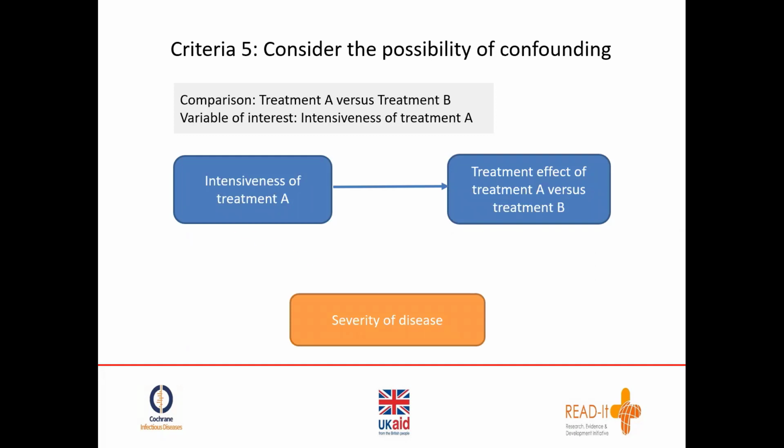And it may be that severity of disease is the true effect modifier, as it is related to both the intensiveness and the treatment effect. Now, if that is true, it would be misleading to conclude that intensiveness of treatment A modifies the treatment effect, as this relationship is confounded. And we don't really know if there is effect modification by intensiveness of treatment, as confounding factors are at play.